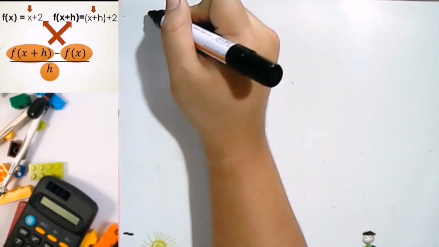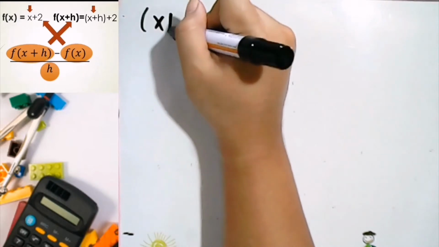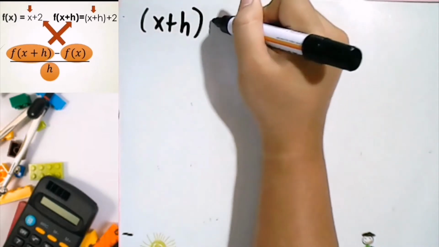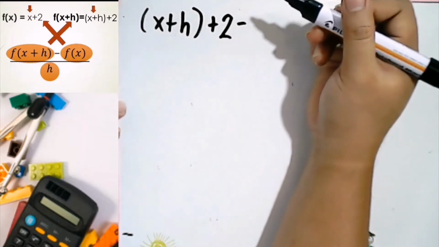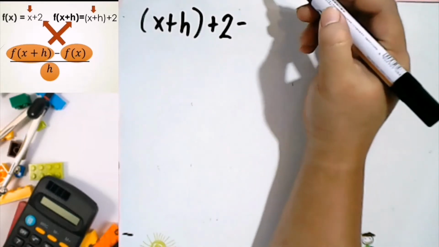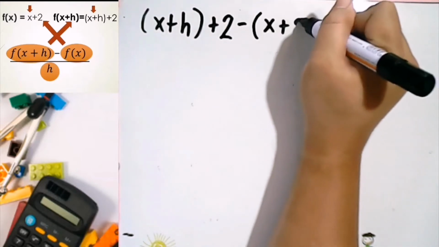F of x plus h is equals to x plus h plus 2 minus f of x, which is equals to x plus 2.